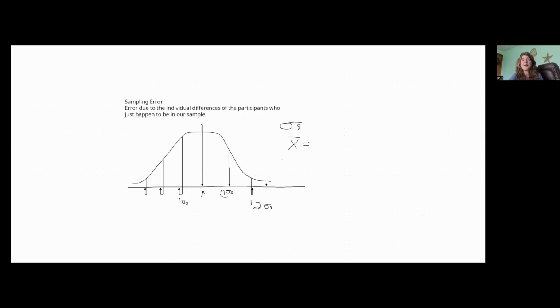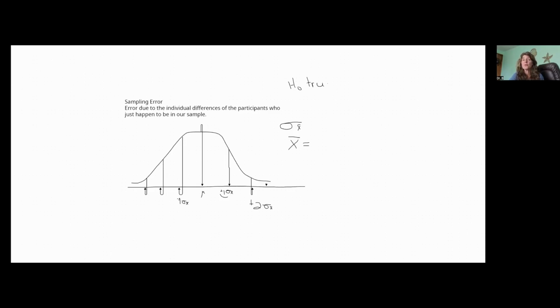And so I grab this mean, and if we assume that the null is true, right? We start with the assumption that the null is true. We're going to get the sampling distribution of the means. That's what we're going to get.